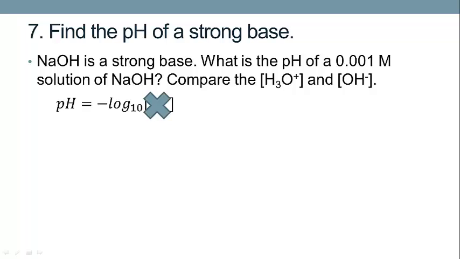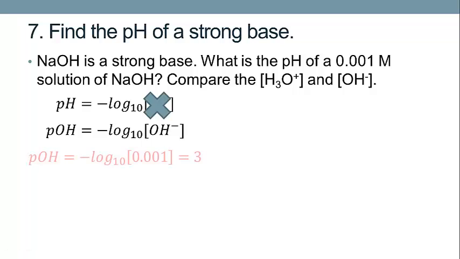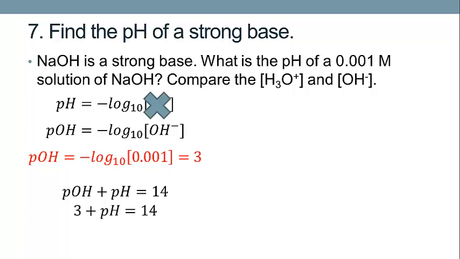We are given the concentration of the base, which means that we have the concentration of OH minus, so we can find the pOH. If I take the negative log of my concentration of sodium hydroxide, I get a pOH of 3. Then I need to know that the sum of my pOH and my pH is 14, so that means that my pH has to be equal to 11.